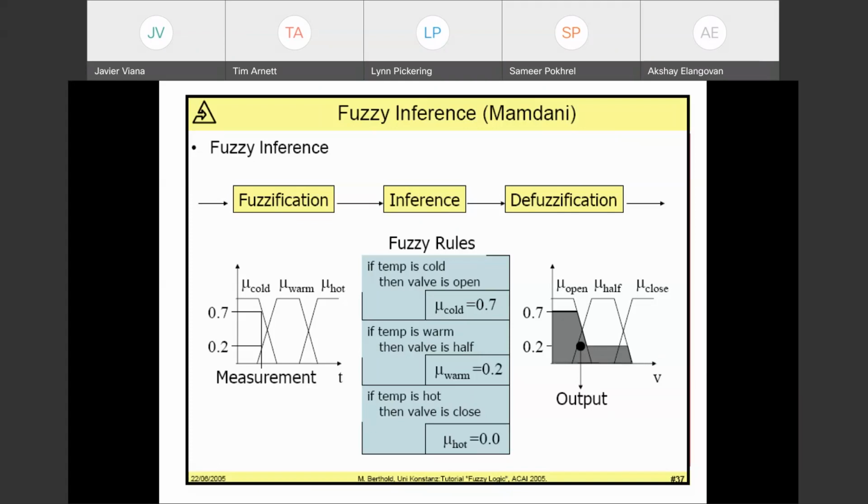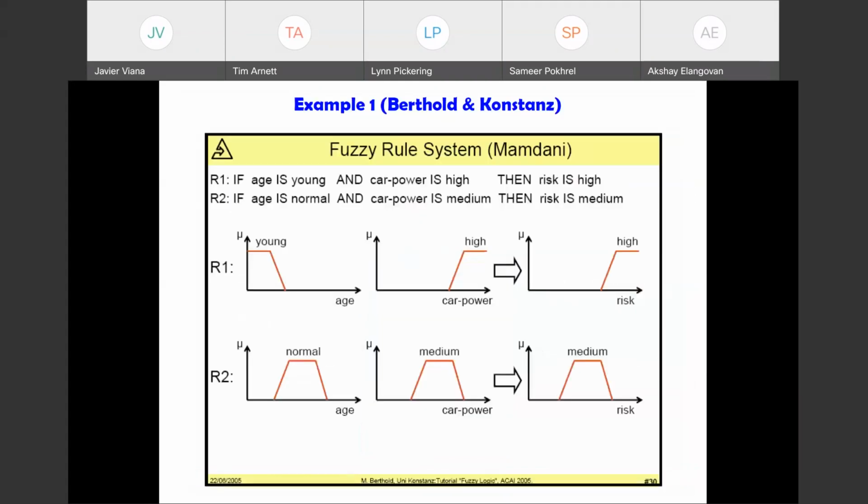You're not limited to only one input, but remember that the systems do scale rather poorly with the number of inputs if you have a rule base that uses conjunction. This is another example, but for car insurance. And so let's say you have two rules, and rule 1 says if age is young and car power is high, then risk is high.